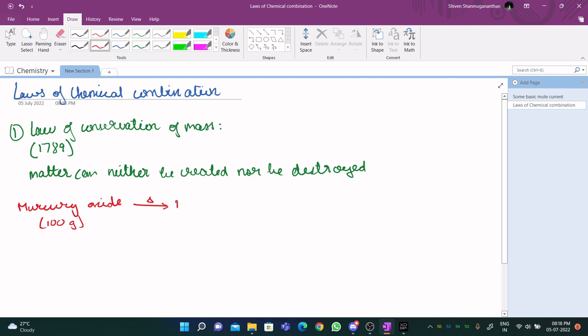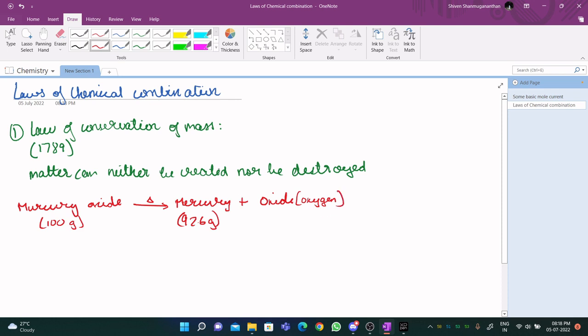This is called a decomposition reaction because we have one reactant and we are splitting it down into its individual elements. So mercury plus oxygen. Now, if it's given that we get 92.6 grams of mercury, we can easily find out how much oxygen we get.